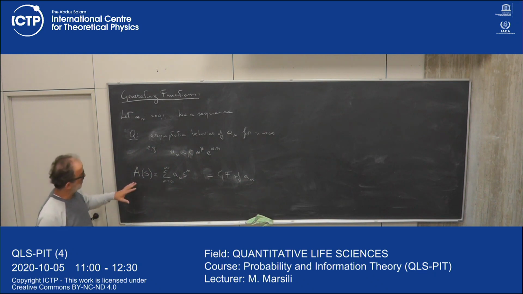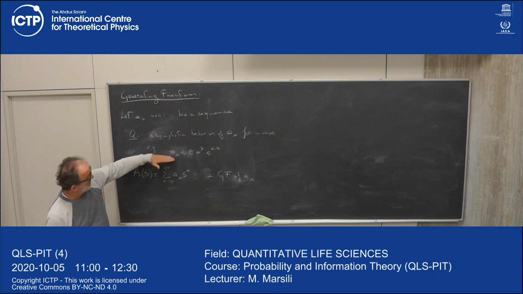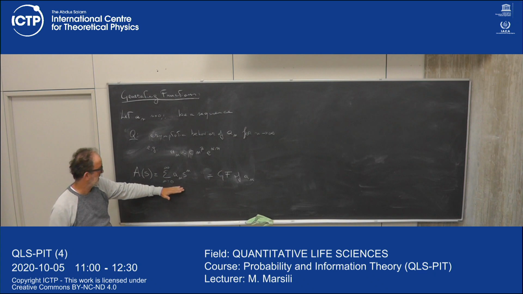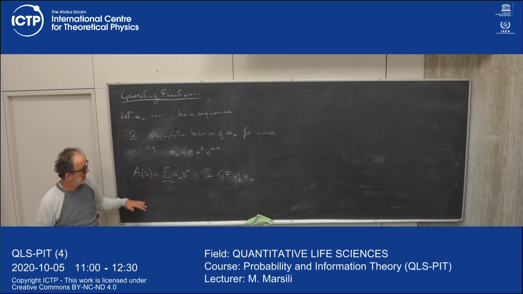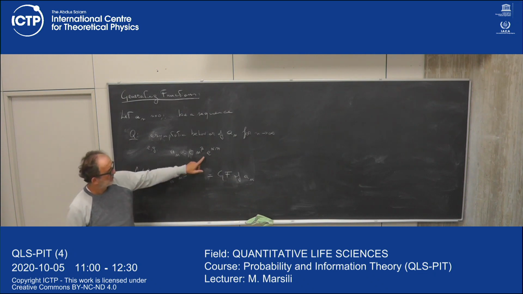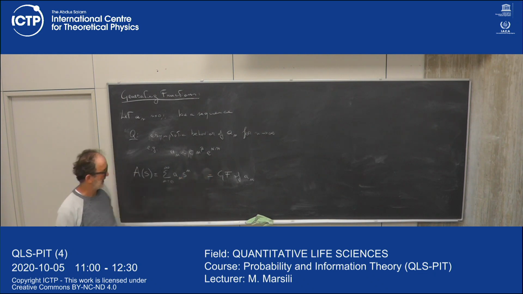What we want to show is that to answer this question, we can build this function, study the structure of the singularities of this function, and then read from the nature of these singularities what is the asymptotic behavior.